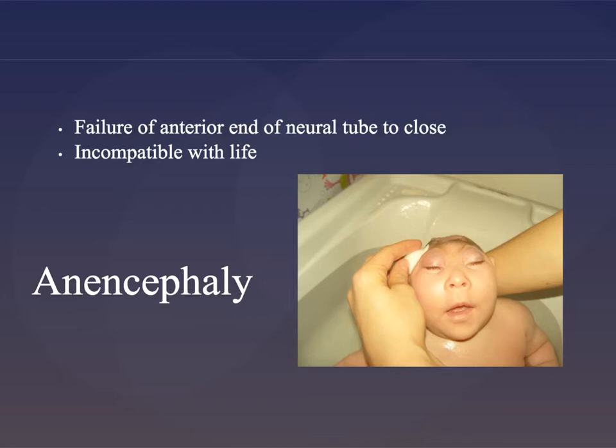Now there is on Facebook a family that has a little guy named Jackson. It's called Jackson Strong or Jack Strong. He has a different form of anencephaly. In fact, I don't think it is truly anencephaly because he does have quite a bit of his brain, but part of it's missing.